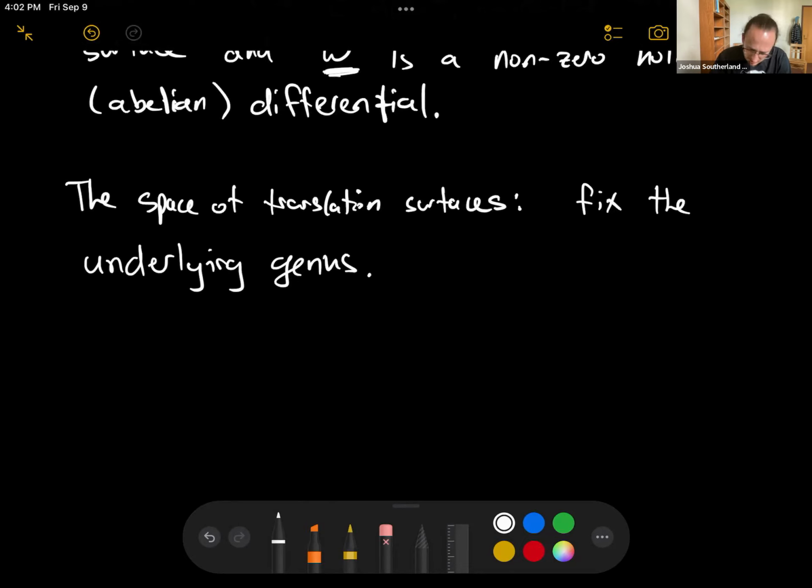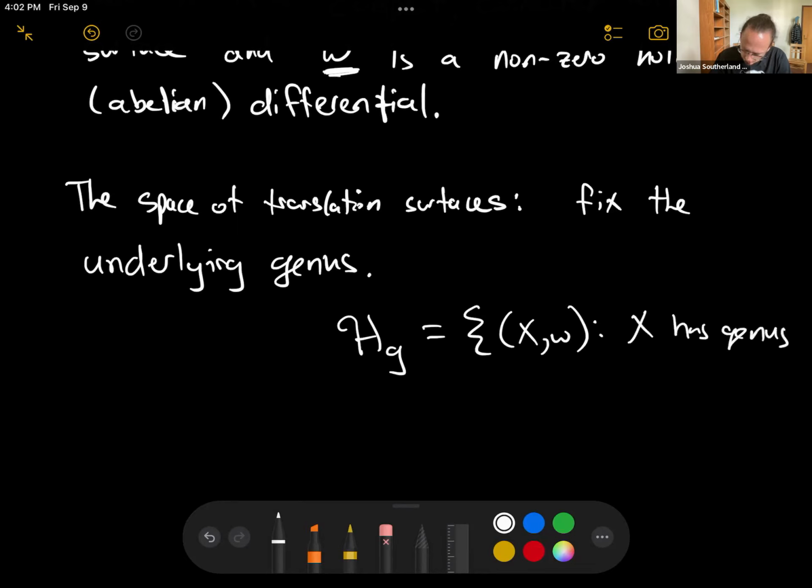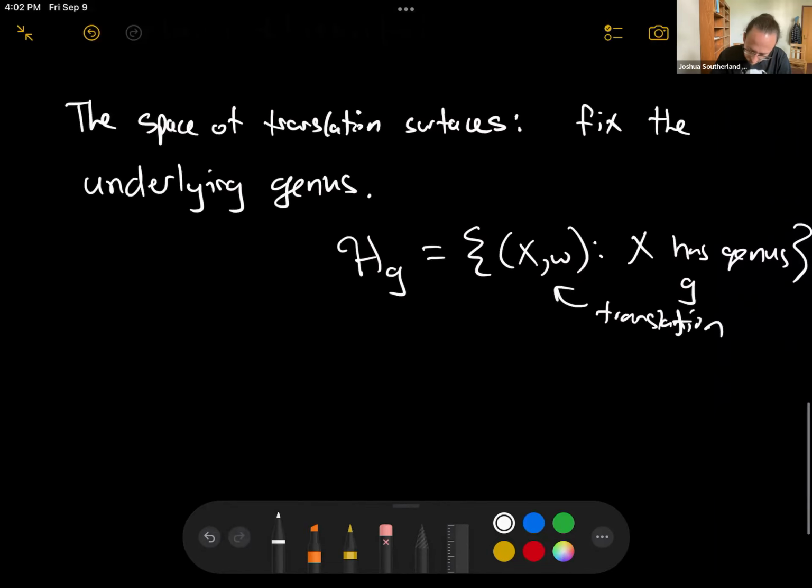And then the pairs, I'm going to call this maybe H_g, (X, omega), where X has genus g and (X, omega) is a translation surface, is this space. And this is actually a bundle over the moduli space of Riemann surfaces.